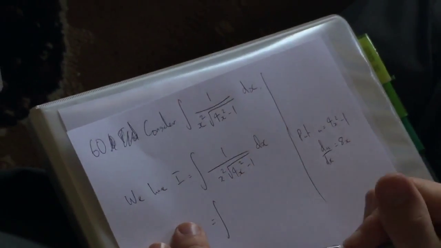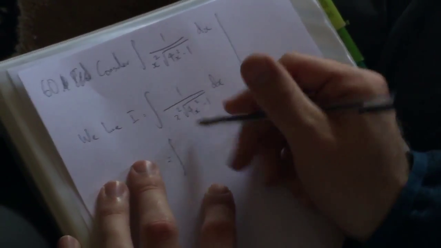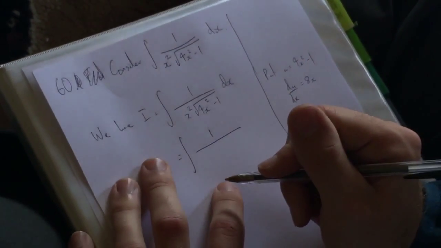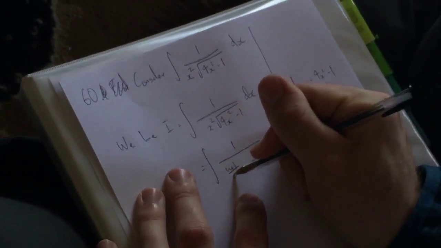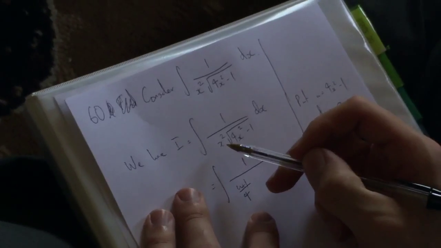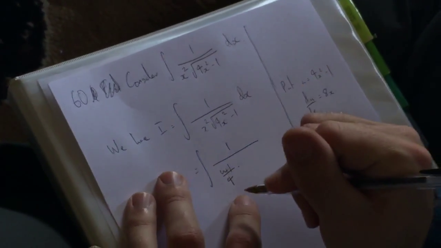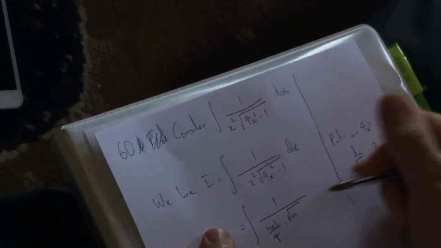So this is the integral of 1 over (u plus 1) over 4 on the bottom, that's the x squared, times the square root of u, and then I'm going to times that by 8x.